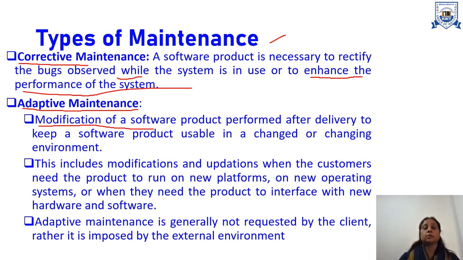In that case, we do adaptive maintenance, so that our environment is changed accordingly. Any update is done so that our existing software will work on new platforms with new hardware, software, or any type of new interfaces. That comes under adaptive maintenance.